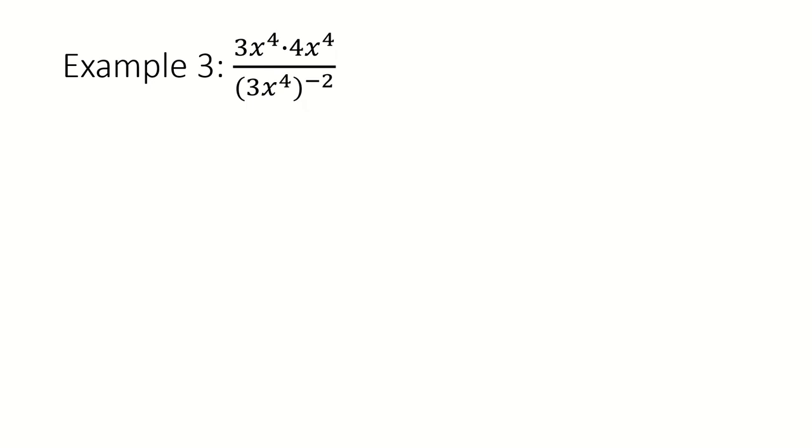Okay, let's have our last example. 3x to the power 4 times 4x to the power 4 over 3x to the power 4 quantity raised to a power of negative 2. So, similar process.